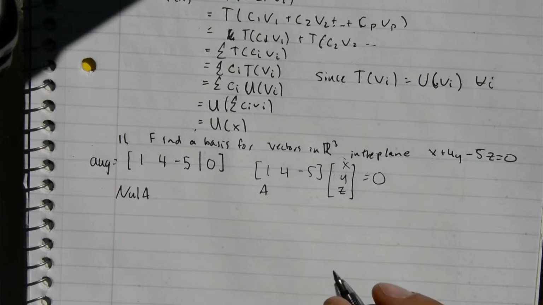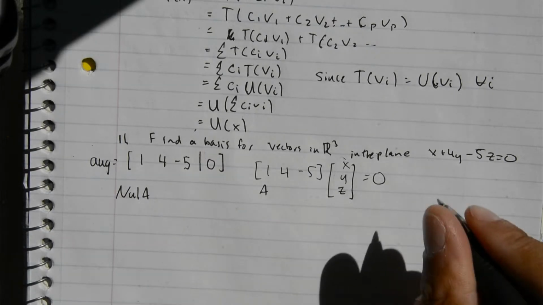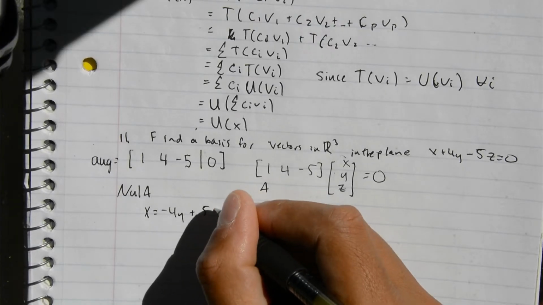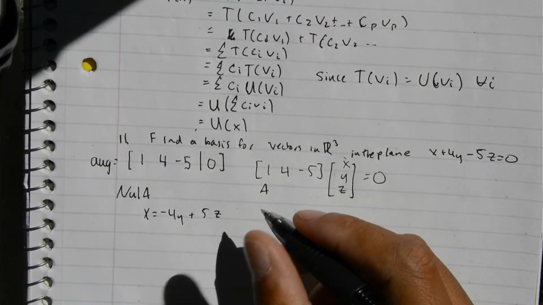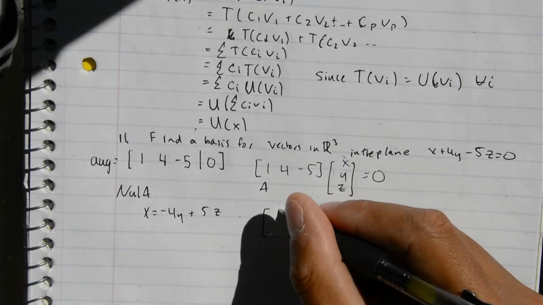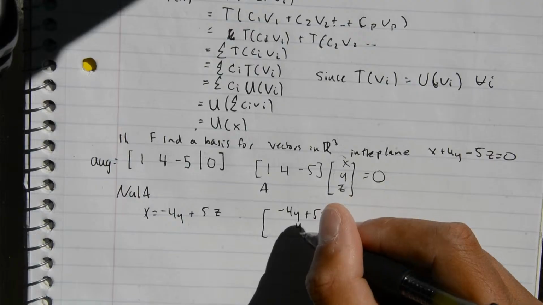Okay, so the way that we're going to do that is we are going to write x is equal to minus 4y plus 5z. So now we can write this as the vector minus 4y plus 5z, y, z.